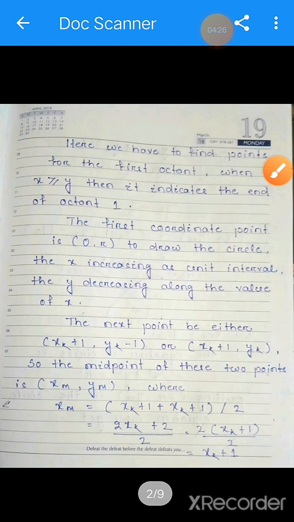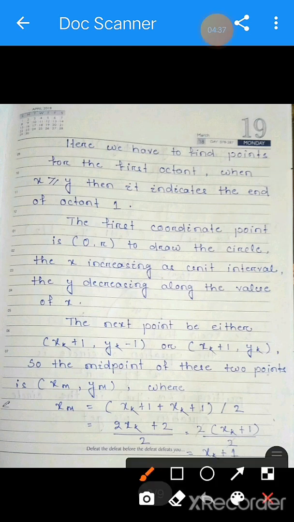So the next point is either (xk plus 1, yk minus 1) or (xk plus 1, yk). The midpoint of these 2 points is suppose (xm, ym), where xm is the midpoint on the x-axis and ym is the midpoint on the y-axis.